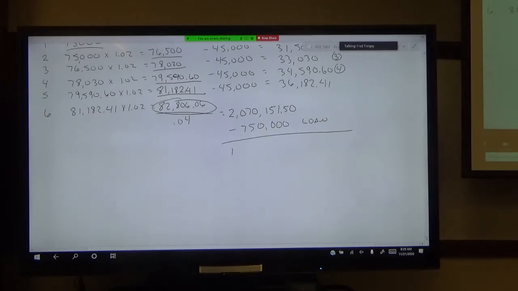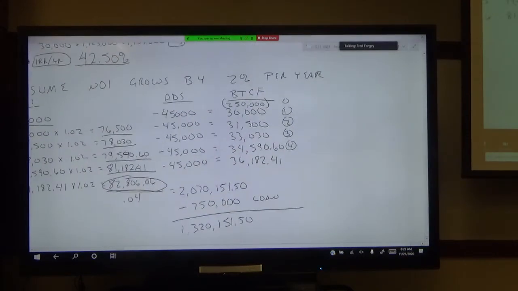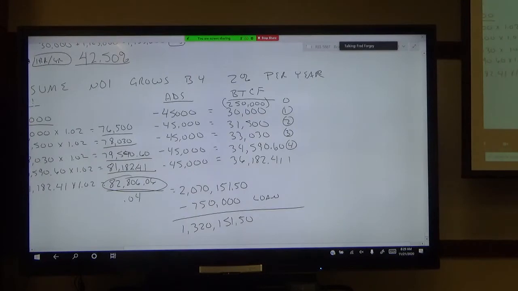So we are left with $1,320,151.50 as the amount that we are going to receive in that year, okay? That's the residual value. So that is going to be added.